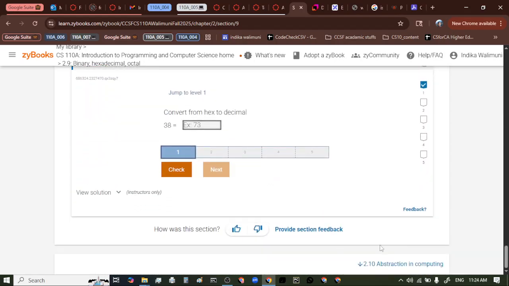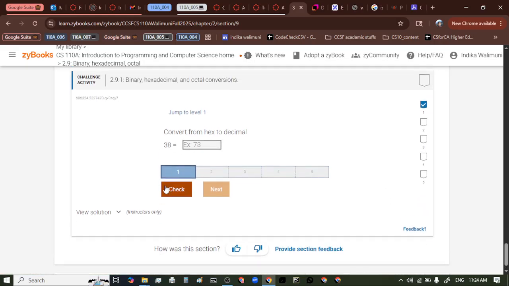All right. So we did this one, guys. So let's do this one real quick. Okay, 38. Convert from hex to decimal. 38. What should be the answer? So 3 times 16 to the 1 plus 8 times 16 to the 0. Right?